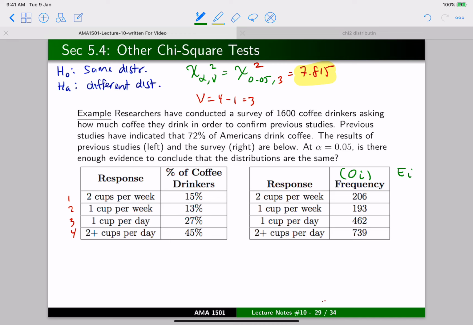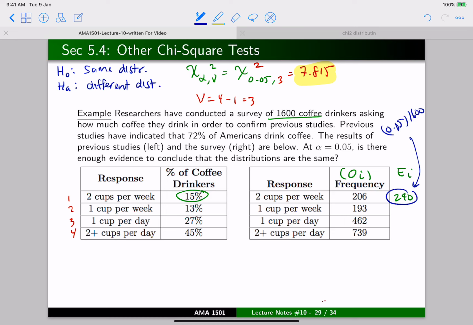Well, for a 1600 coffee drinker sample, then the expected value must be 0.15 times 1600, which is going to be 240.